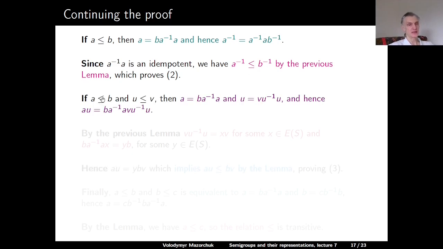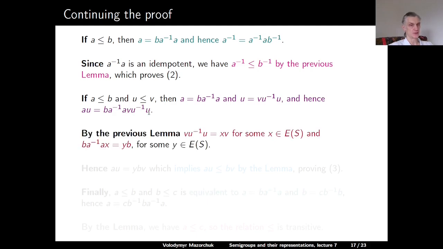Next, if A is less than or equal to B and U is less than or equal to V, then by definition A is equal to B A inverse A, and U is equal to V U inverse U. And therefore AU is equal to B times A inverse A times V times U inverse U. By the previous lemma, V times U inverse U is equal to XV for some idempotent X. And next, B times A inverse AX.